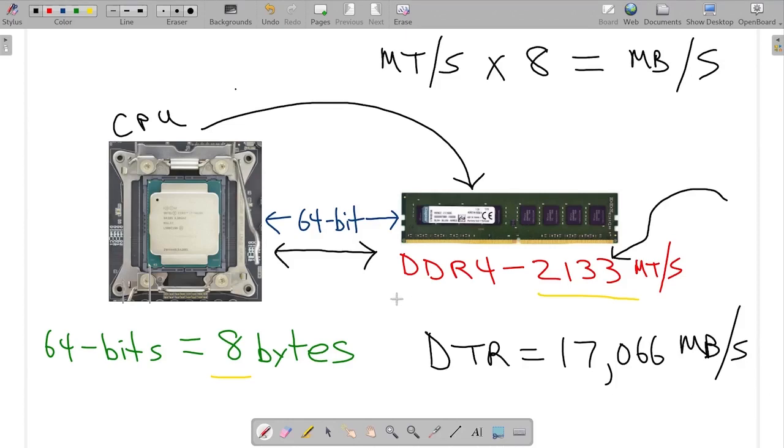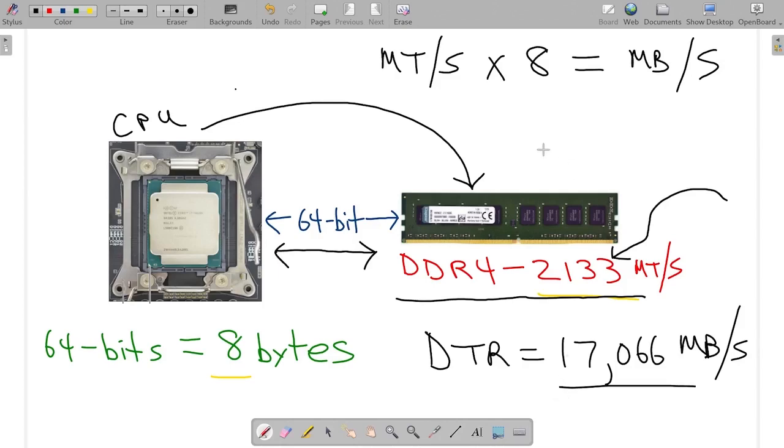Now, this name here, DDR4-2133, that's the DDR4 standard, but it will correspond to a module name quite often. And that name will be based off of the amount of megabytes per second.